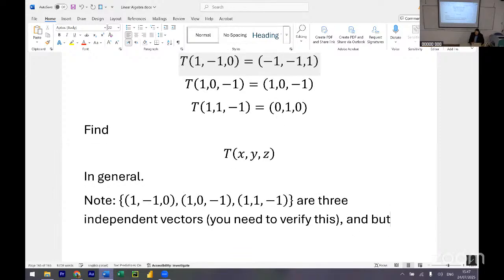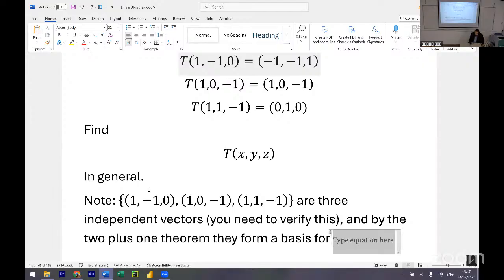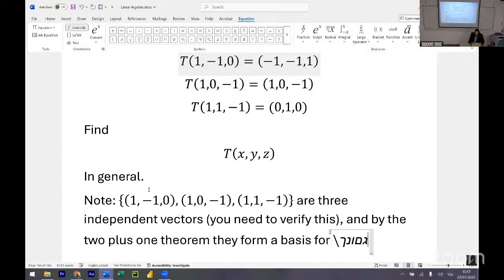And by the 2.1 theorem, they form a basis for R cubed.